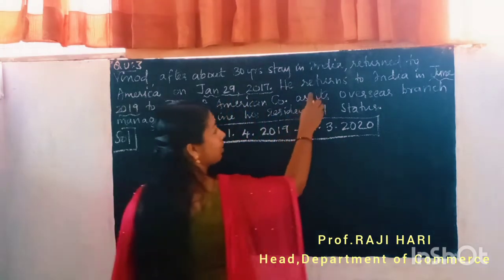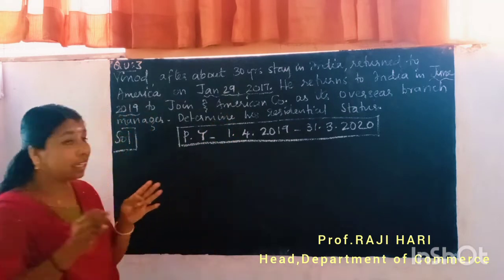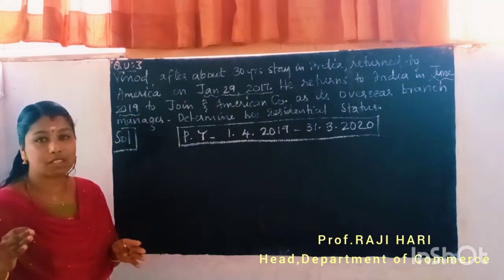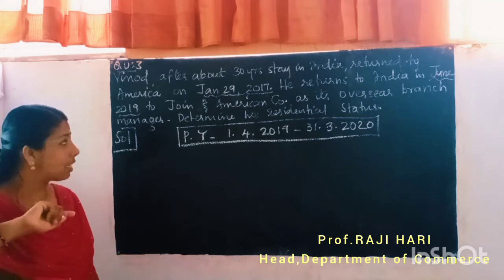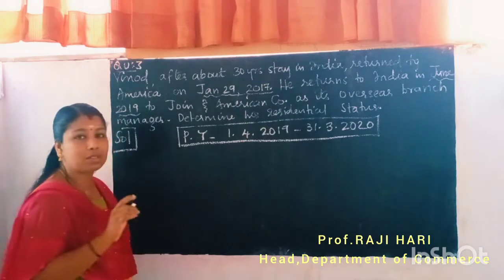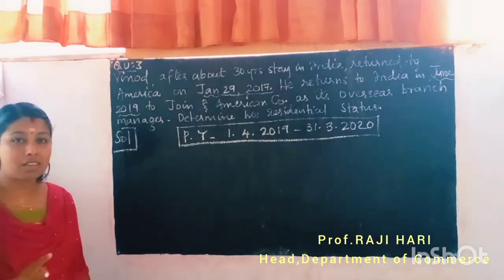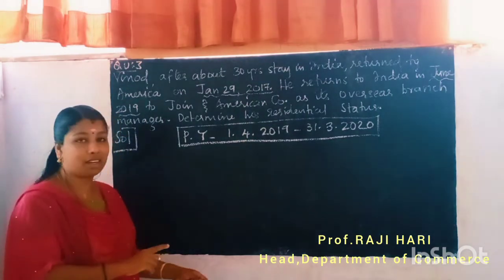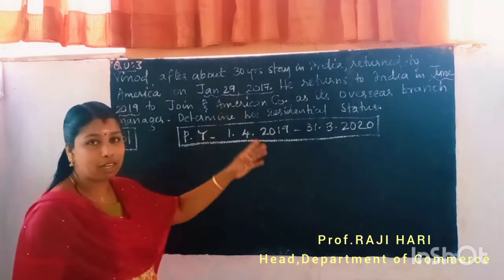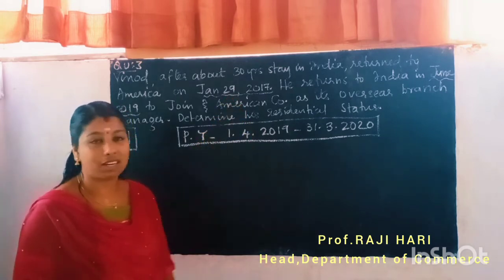He had 30 years of continuous stay in India and he just left India to America only during the year 2017. That means before 2017 he was in India. That is very important for calculating ordinary or not ordinary resident.